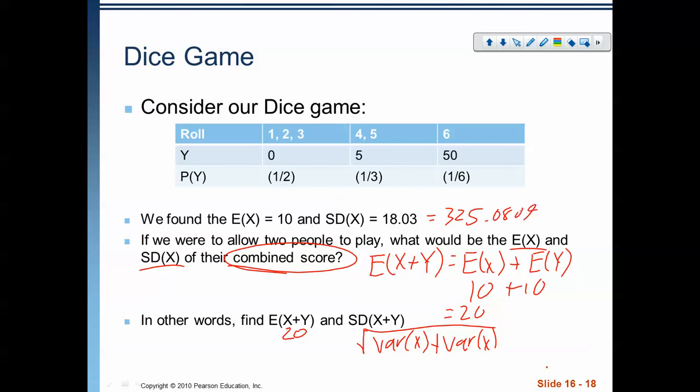So this is going to be the square root of 325.0809 plus 325.0809. And I'm going to do that on my calculator and take the square root, and I'm going to get 25.498.